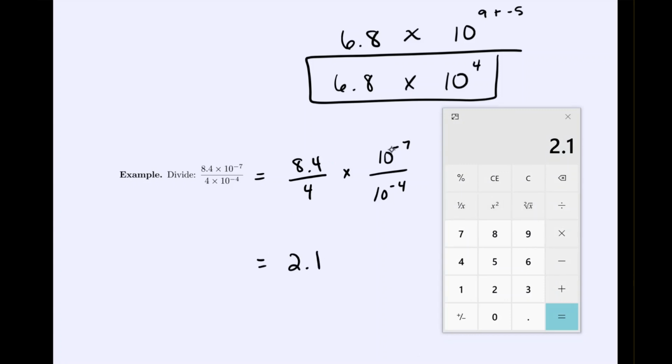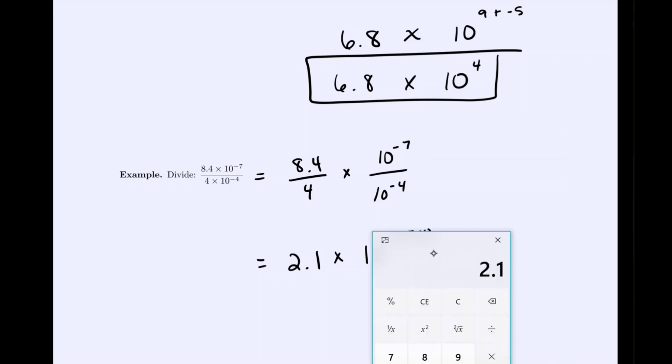Here, since we've got the same base 10, but we're dividing this, 10 to the -7 divided by 10 to the -4, we would subtract the exponent, so that would give us times 10 to the -7 minus -4. Now here we need to be cautious whenever we're subtracting a negative.